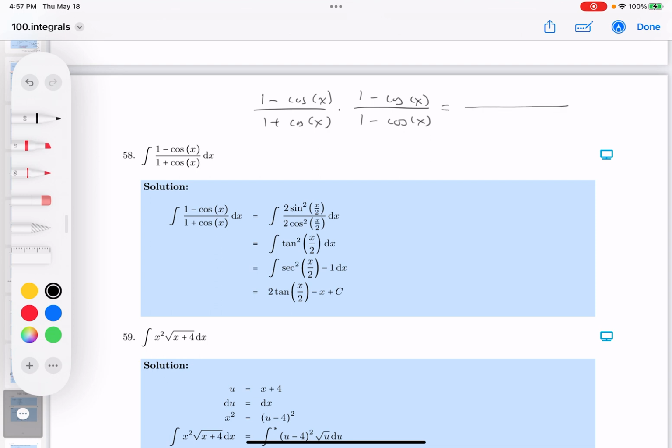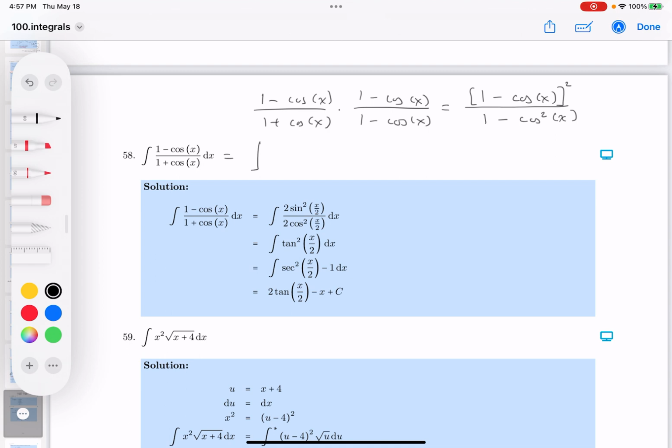Let's write that down. You get 1 minus cosine x quantity squared on top. That's not so bad. On bottom, what do you get? You're going to get, let's see, 1 minus cosine squared x. All right? And, you know, it's not that bad to look at.